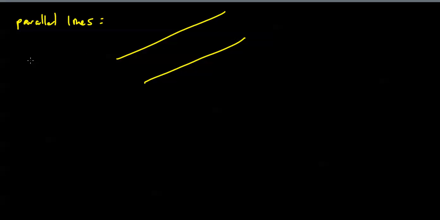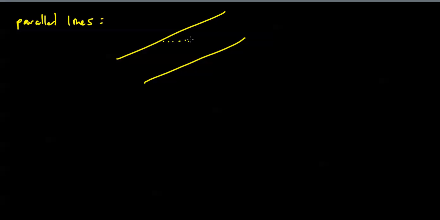All right, I want to talk about parallel lines next, and the relationship between slopes of parallel lines. Well, if lines are parallel, that means they never intersect.